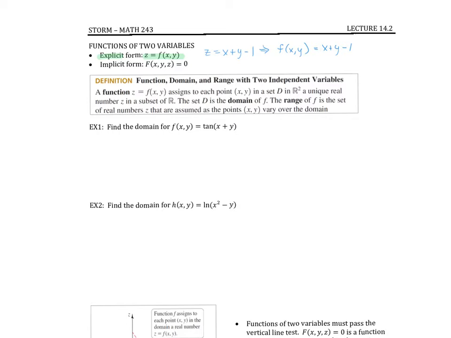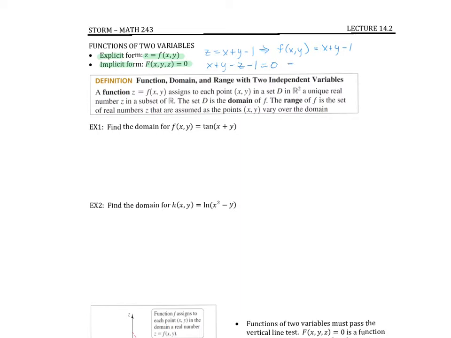Well, sometimes we don't explicitly solve for z. Sometimes we use the implicit form, which would just be setting the equation equal to 0. So in the equation that we had previously, I can go ahead and subtract z from both sides and write this equation as x plus y minus z minus 1 equal to 0.